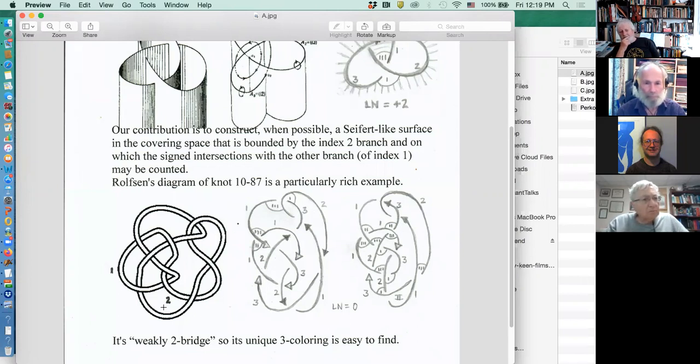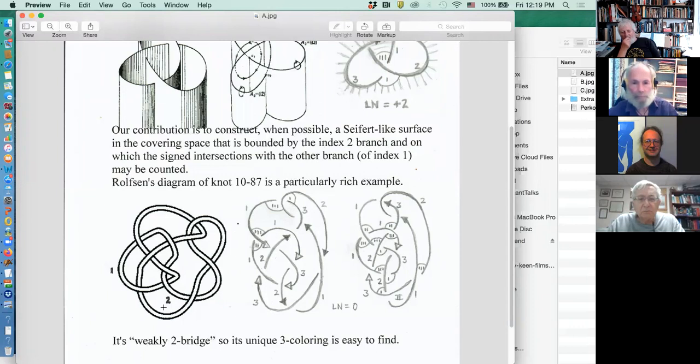Now, the other thing I like about this particular knot is you can make the threefold covering space the way that it's done at the top there by matching the two missing colors under each one. But then you can construct two entirely different surfaces that are bounded by the index 2 branch.